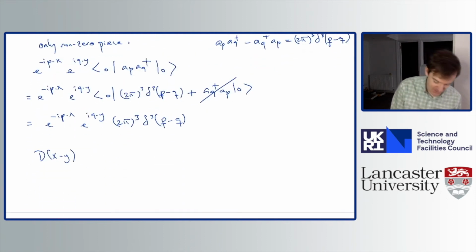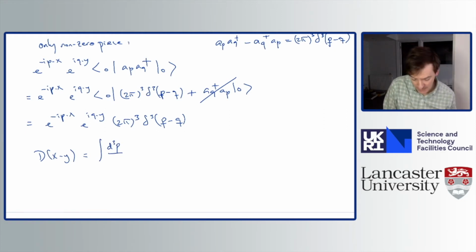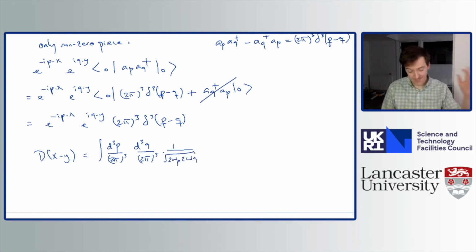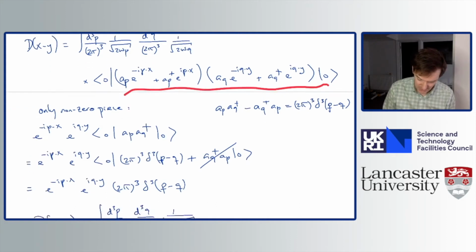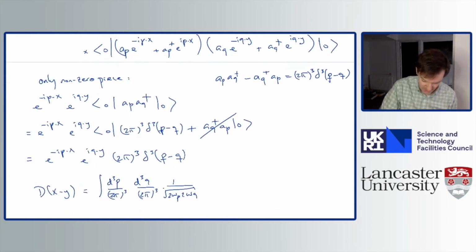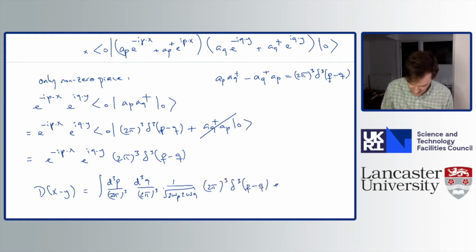Let me write it down. So we've got d³p over (2π)³, d³q over (2π)³. That's all of the integration stuff we had above. And then we just need to put in the result that we've just found for this combination. In other words, this result. So we've got the delta function, and we have this combination of exponential terms.